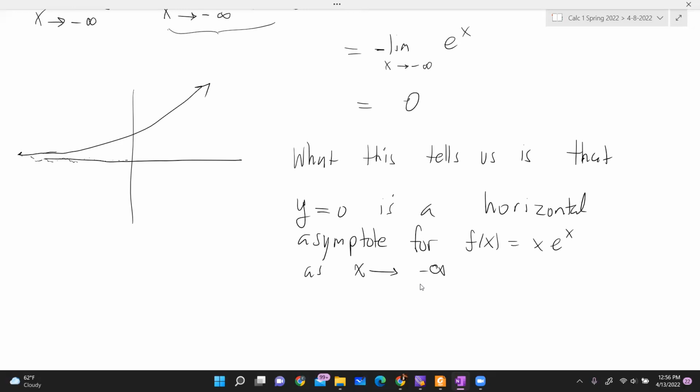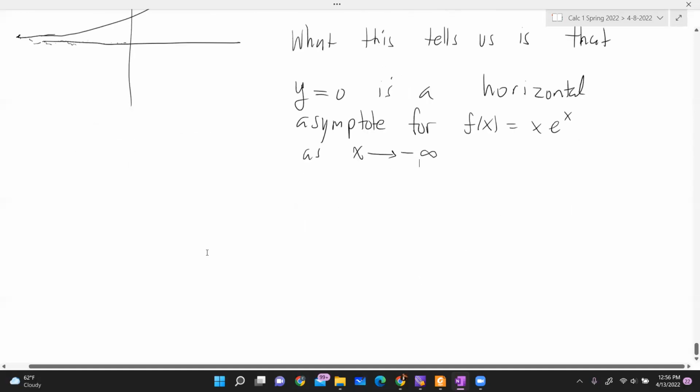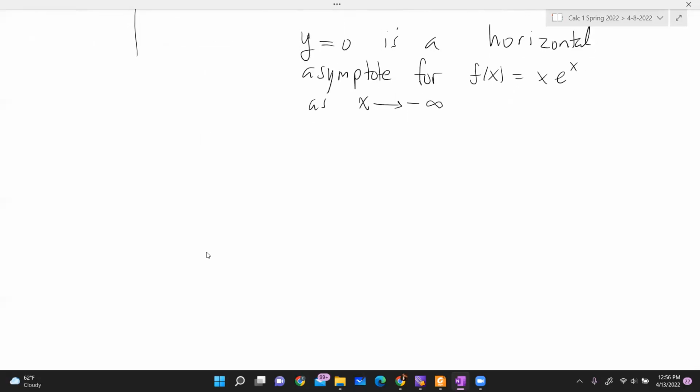So it approaches this line y equals 0 as x goes to negative infinity. So now we just need to determine increasing and decreasing, and then concavity.